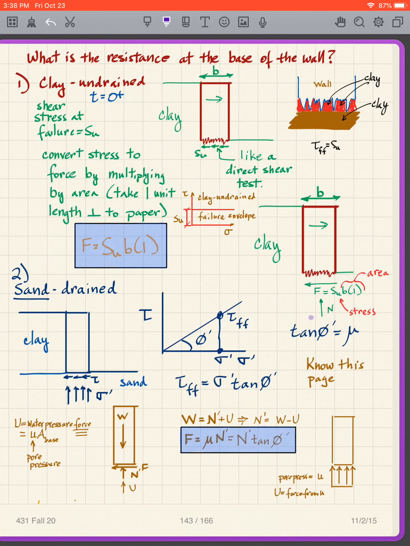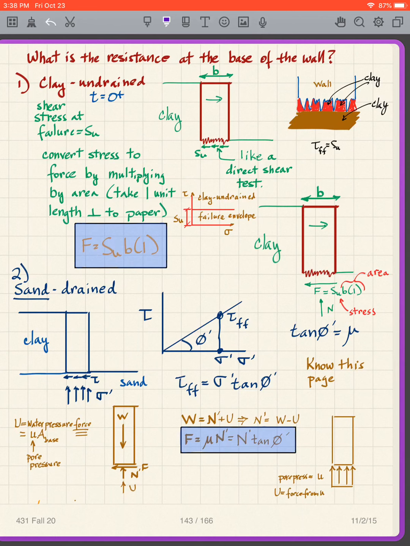Which means that, as we said before, tangent phi prime is like our coefficient of friction. Because this is all sigma prime, not sigma, I have to separate the water and the water pressure from the contact force.